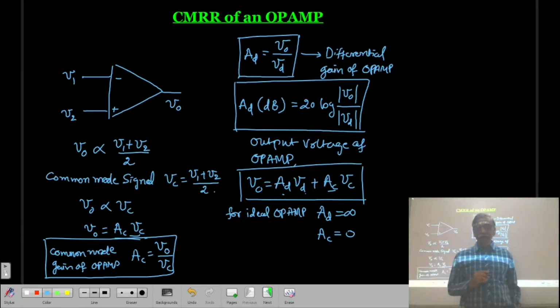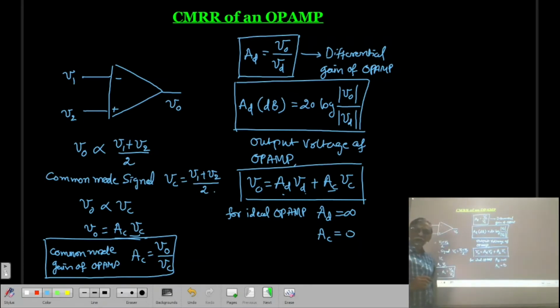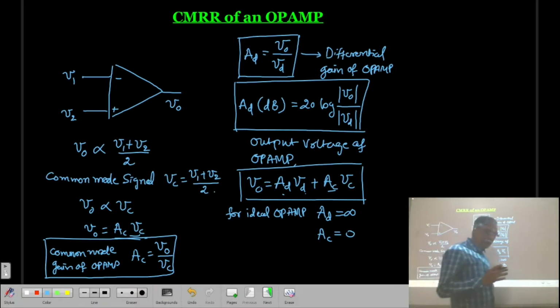And based on this, we can define one more term which is known as the common mode rejection ratio. Common mode rejection ratio indicates the ability of an operational amplifier to reject the common signal. Remember, that is known as the common mode rejection ratio.